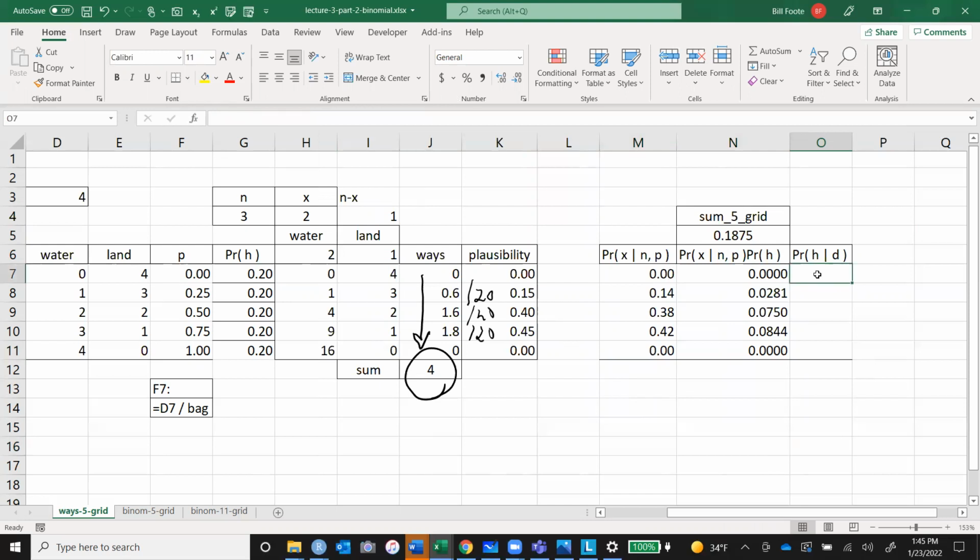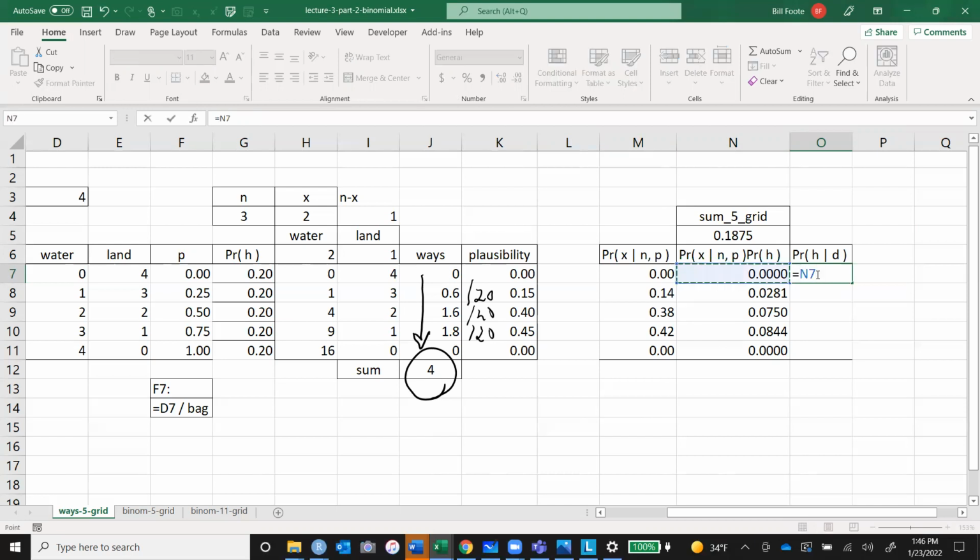We're taking this probability of seeing data in the presence of an hypothesis at the same time as we pose that hypothesis. That's the probability of H. Both and is a multiplication, just like we did with the ways, both and.